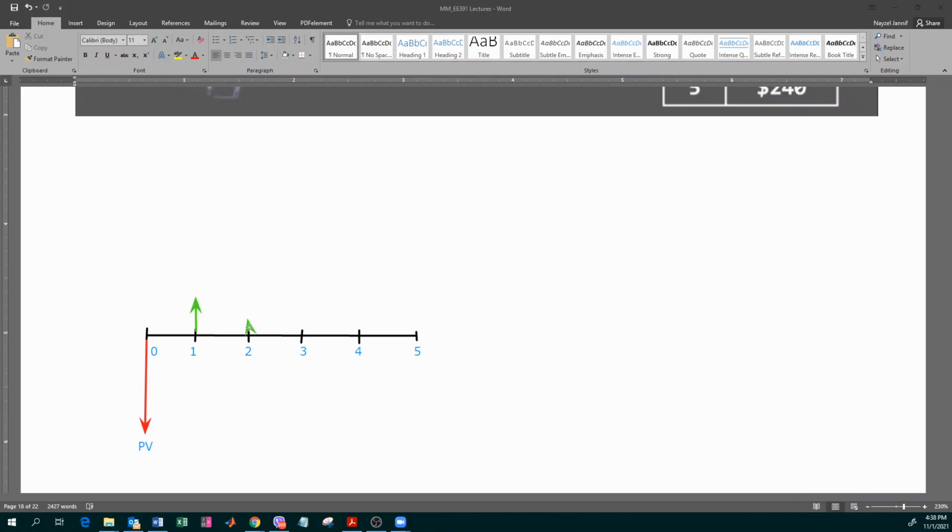What is the projected expense in the second year? 150. Third year? 180. Then fourth year? 210. Fifth year? 240.